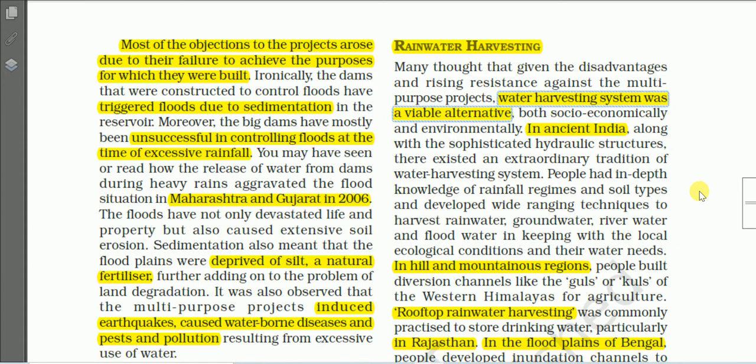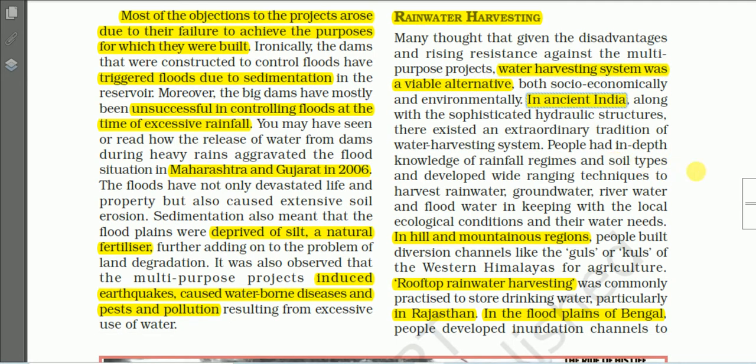So now let us discuss the different methods of rainwater harvesting in different periods and different regions of India. In ancient India, along with the sophisticated hydraulic structures that we discussed in the previous lesson, there existed an extraordinary tradition of rainwater harvesting.